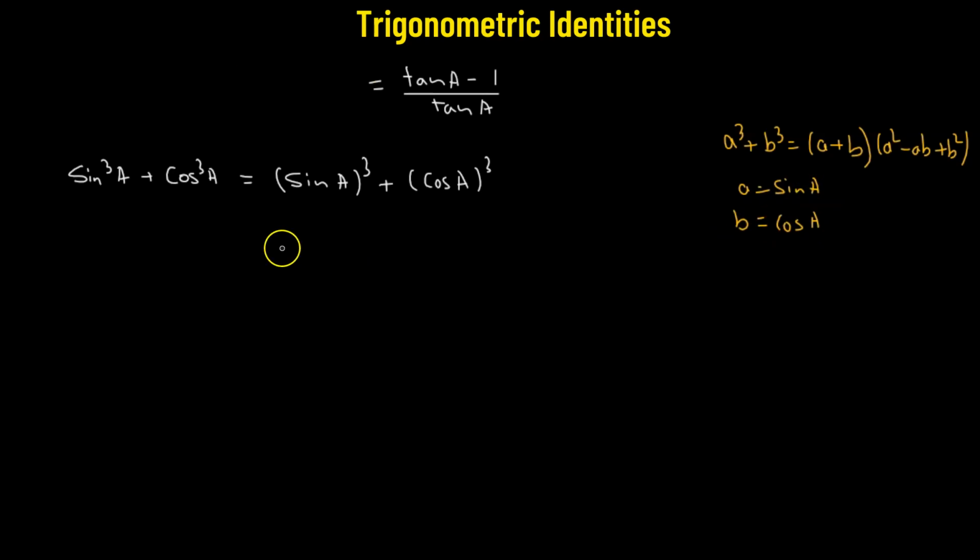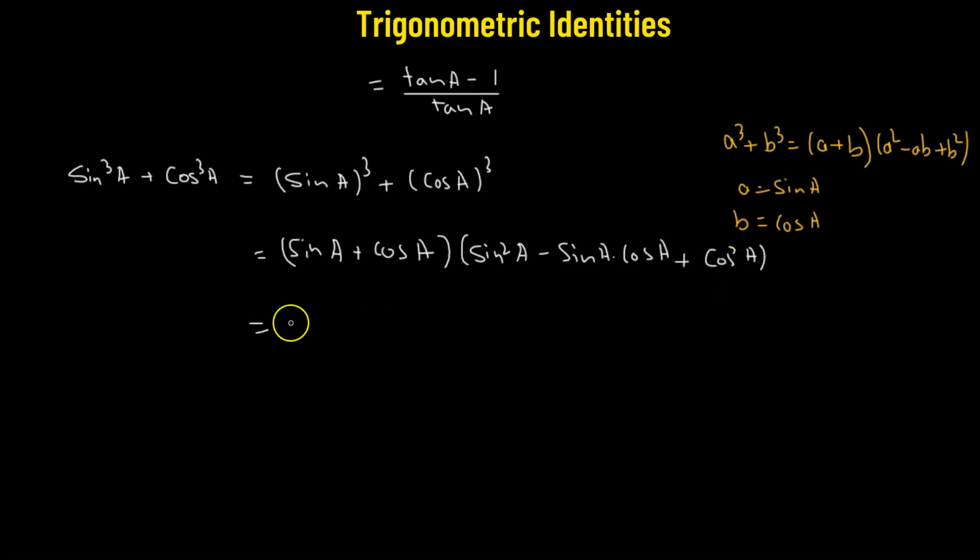So when we use this identity, then we're going to get sine A plus cosine A whole multiplied to sine squared A minus sine A times cosine A plus cosine squared A, which is going to give us sine A plus cosine A whole multiplied to, we have sine squared A plus cosine squared A, that's a standard identity with a value of 1.